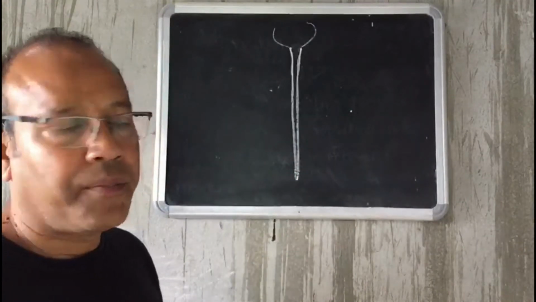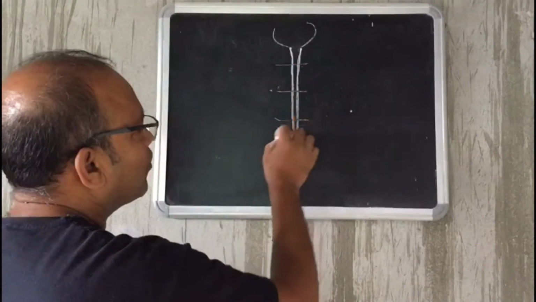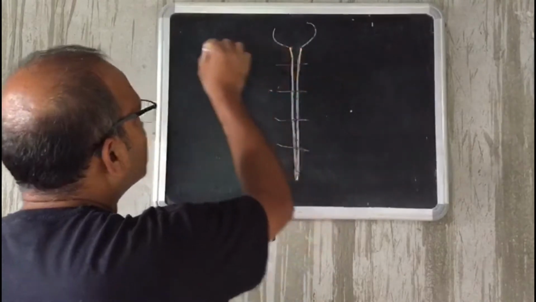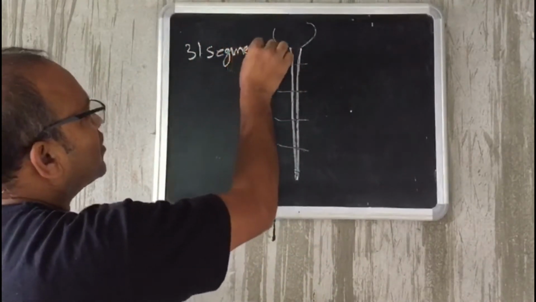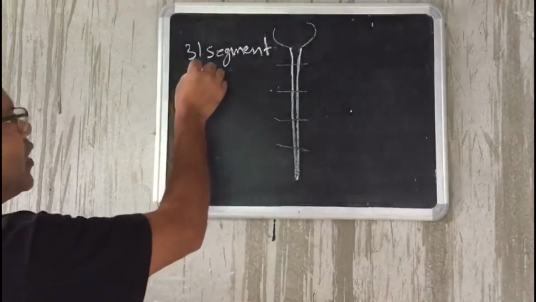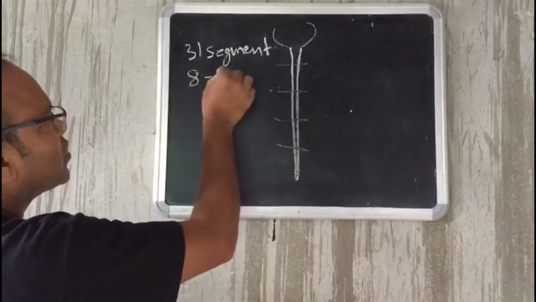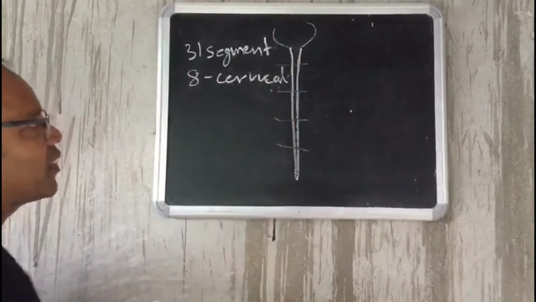The spinal cord is divided into segments. It is made up of altogether 31 segments, out of which 8 are the cervical segments.